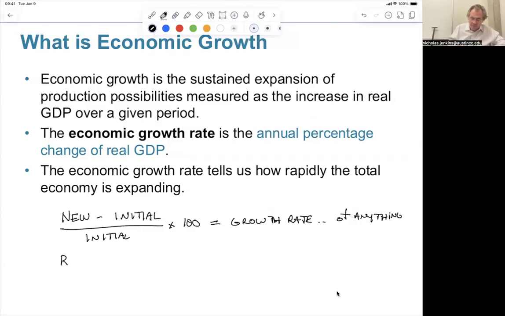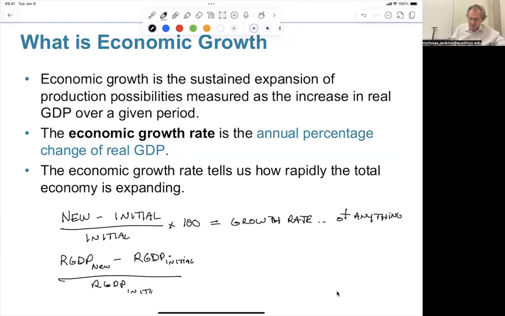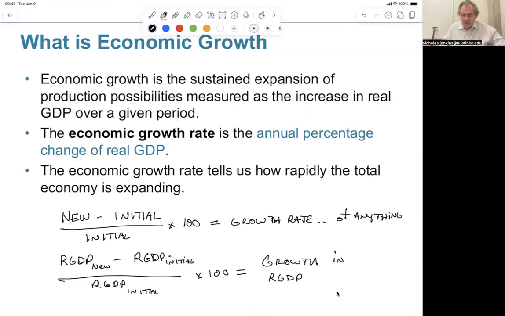So real GDP new minus real GDP initial, divided by real GDP initial, times 100 equals growth in real GDP. Okay. Now, that's good. That's helpful.